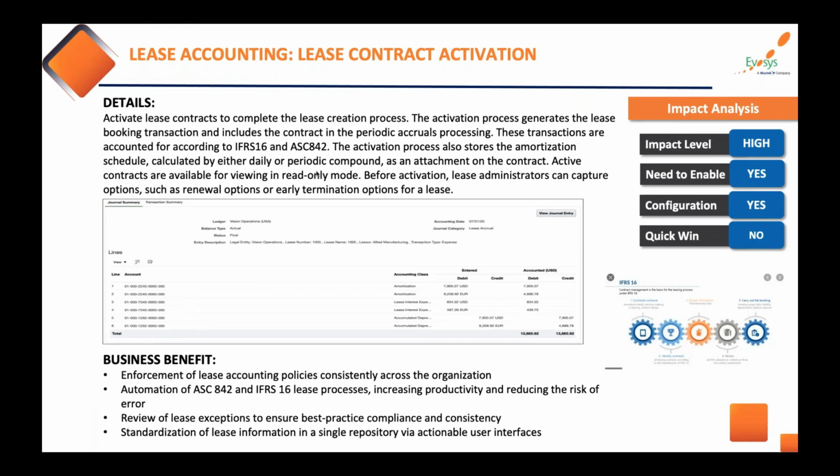But now Oracle is bringing the lease activation step, which checks whether the required information, like renewal option, termination option, schedules, or present value percentages, is captured in the lease contract or not.